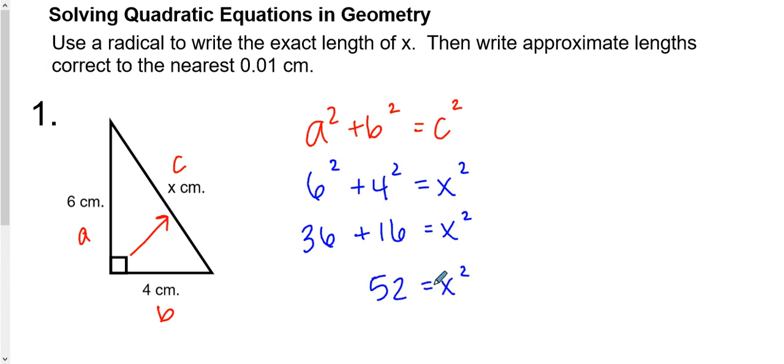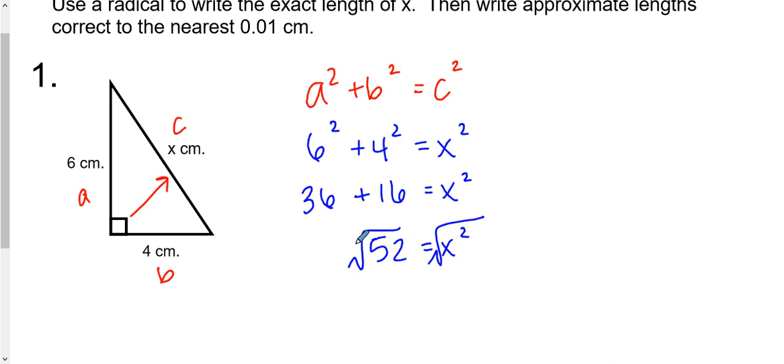x squared is by itself, so I can go ahead and take the square root of both sides. Now on these ones, the square root of 52 isn't a nice pretty number. So it says then write approximate lengths correct to the nearest 0.01 centimeter. So I want 2 decimal places on these.